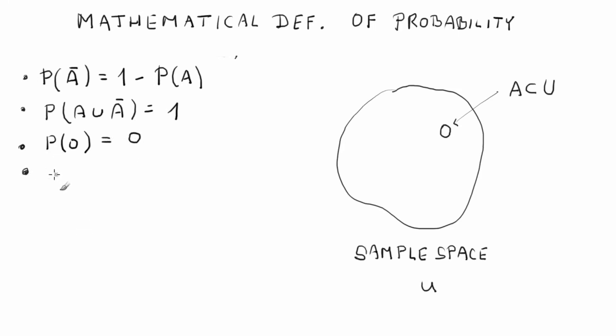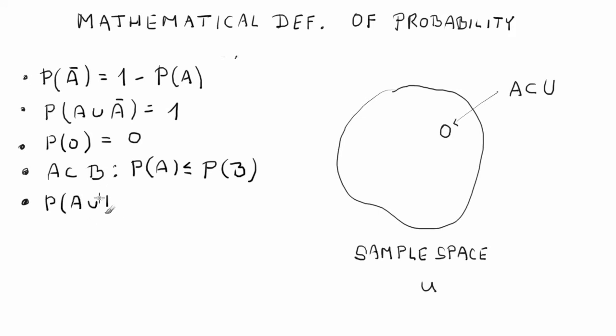If A is a subset of B, then probability of A must be less than or equal to probability of B. And finally, probability of A or B is equal to probability of A plus probability of B minus probability of A and B happening at the same time.